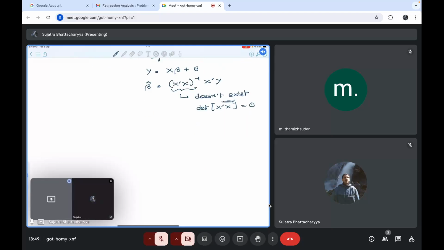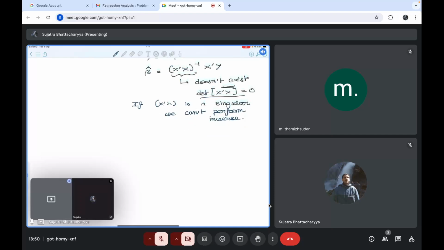So if this X prime X is a singular matrix, whose determinant is 0, we can't perform the inverse.